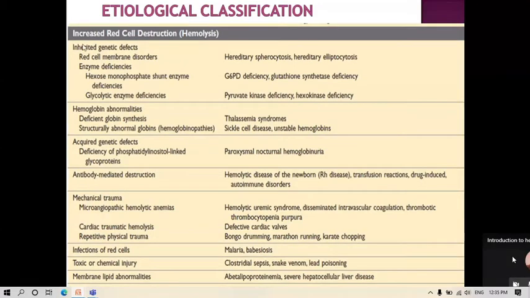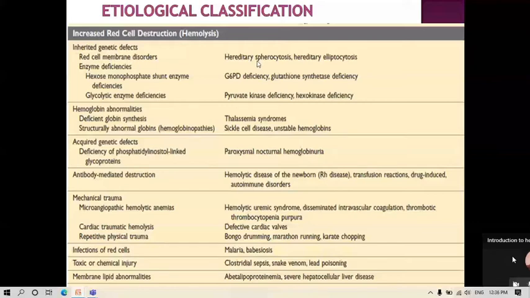But in cases of hereditary spherocytosis, what will happen? They lack this anchor protein, the skeletal proteins of RBCs which give the biconcave shape. If those proteins are not there, the shape of the RBC will become spheroidal, and the spheroidal RBCs are not easily moldable.